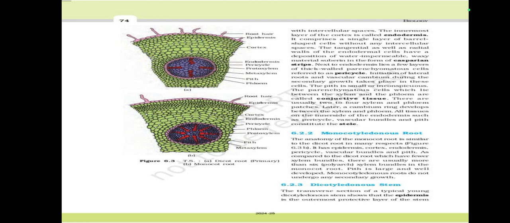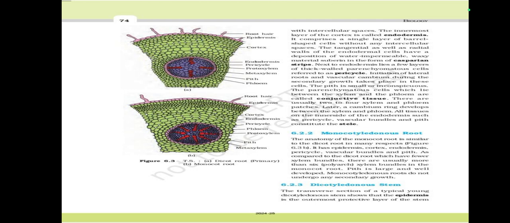Next to endodermis lie a few layers of thick-walled parenchymatous cells referred to as pericycle. Initiation of lateral roots and vascular cambium during the secondary growth takes place in these cells. The pith is small and inconspicuous.